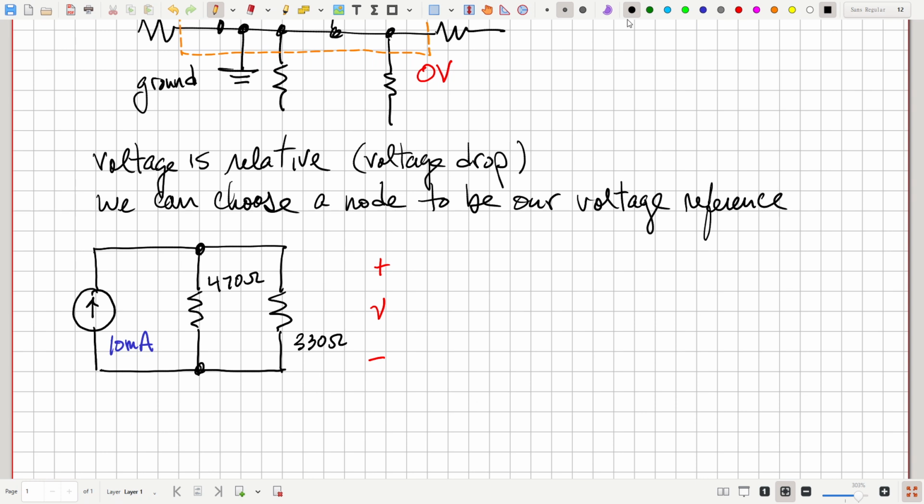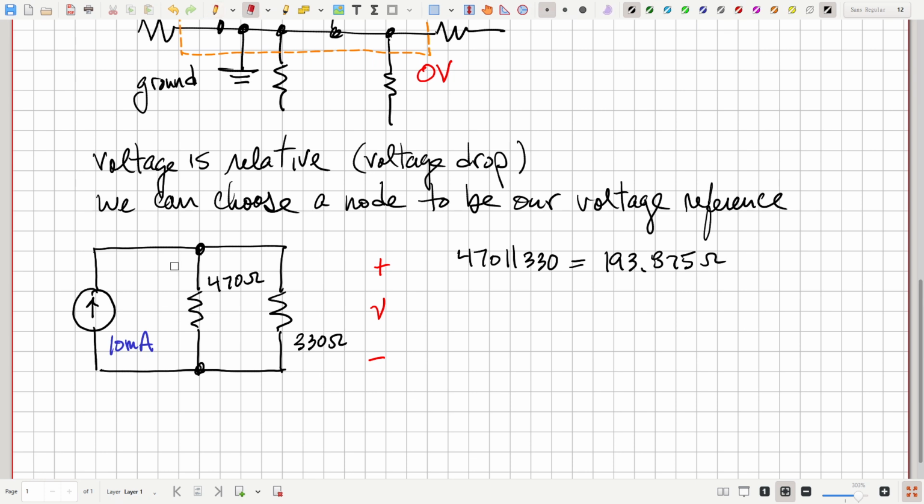So we have techniques that we've talked about so far that we can use to solve this. We could take these two resistors and say they're in parallel, and 470 parallel 330 is equal to 193.875 ohms. That's an exact expression.